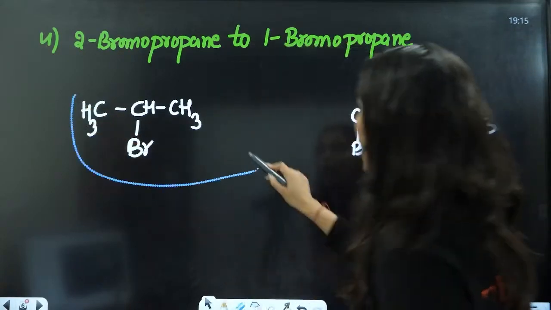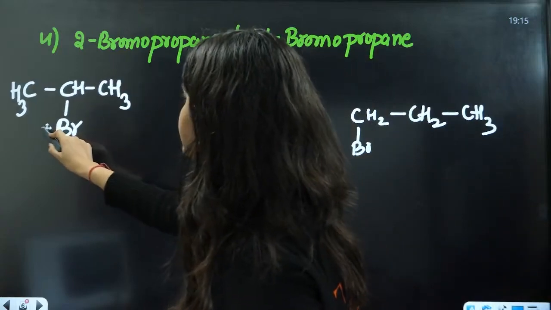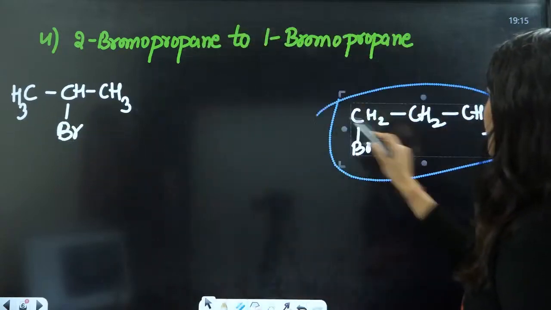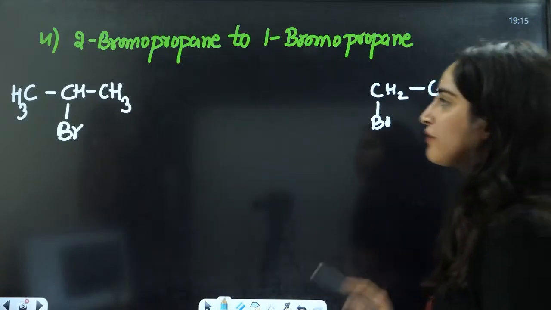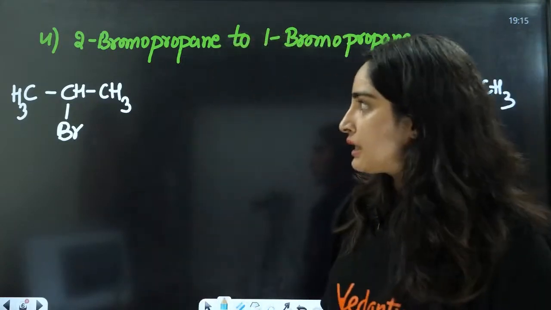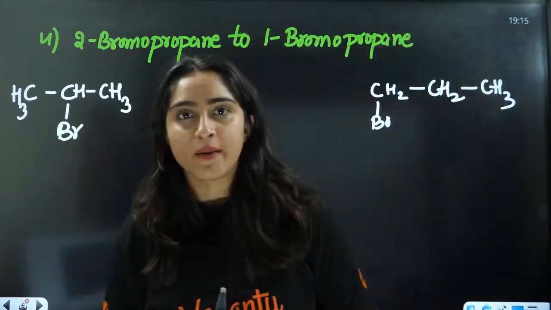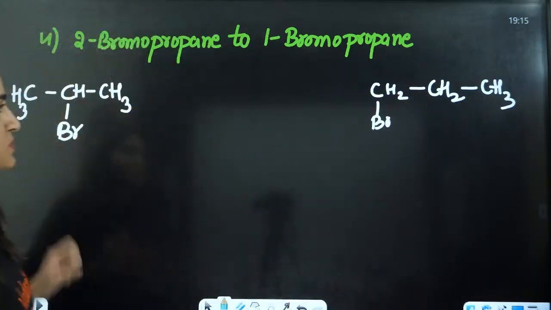How do we convert this into this? Everybody in the chat box, how can we convert this? This is a 2 to 3 step conversion.